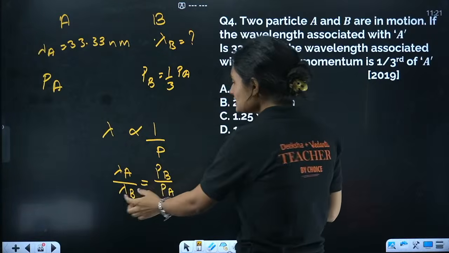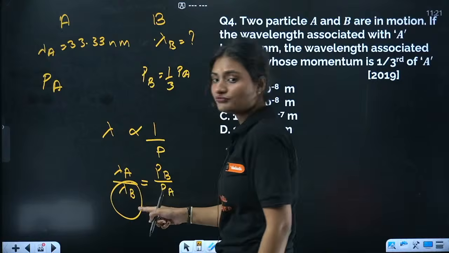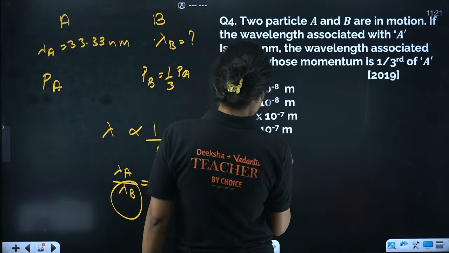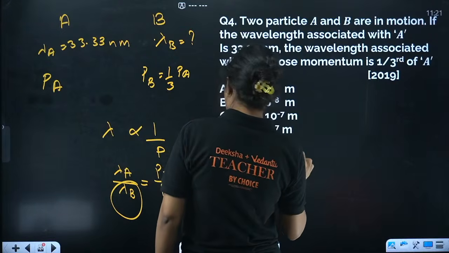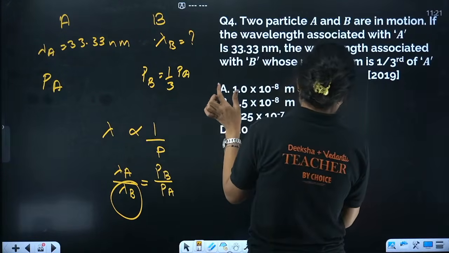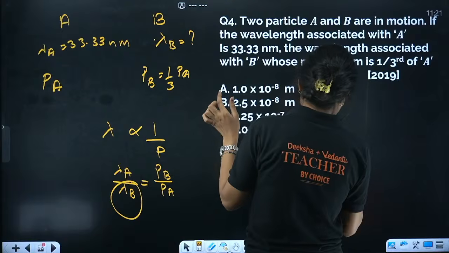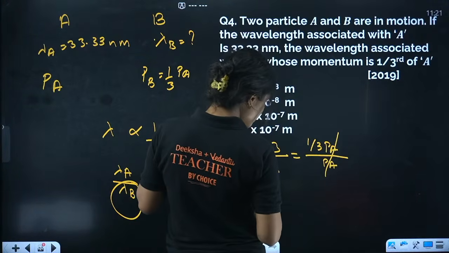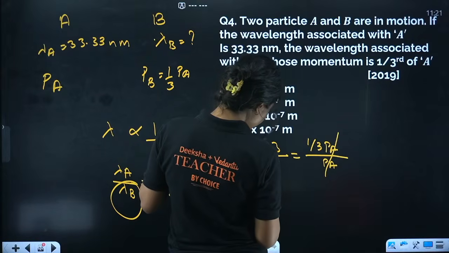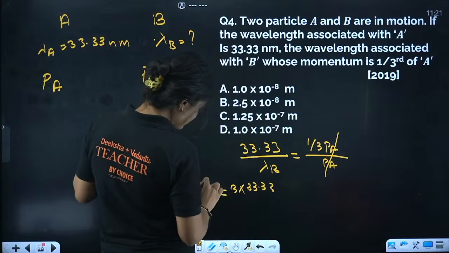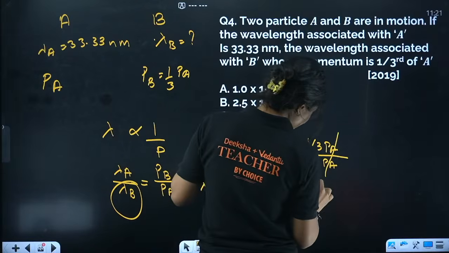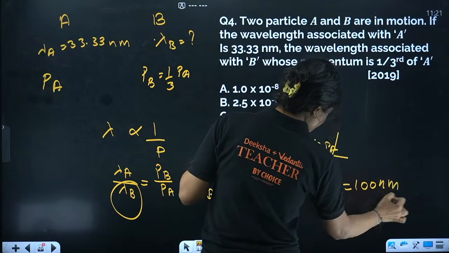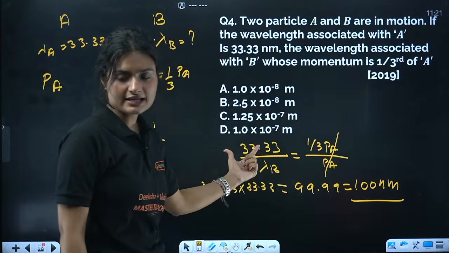We need the wavelength of B. So I'll substitute the values: 33.33 by lambda B equals PB, which is 1 by 3 PA, by PA. Now these will get cancelled, and 3 will go that side. So we will have 3 times 33.33 equals lambda B. That is 99.99, which is around 100 nanometer, because this wavelength is in nanometer.